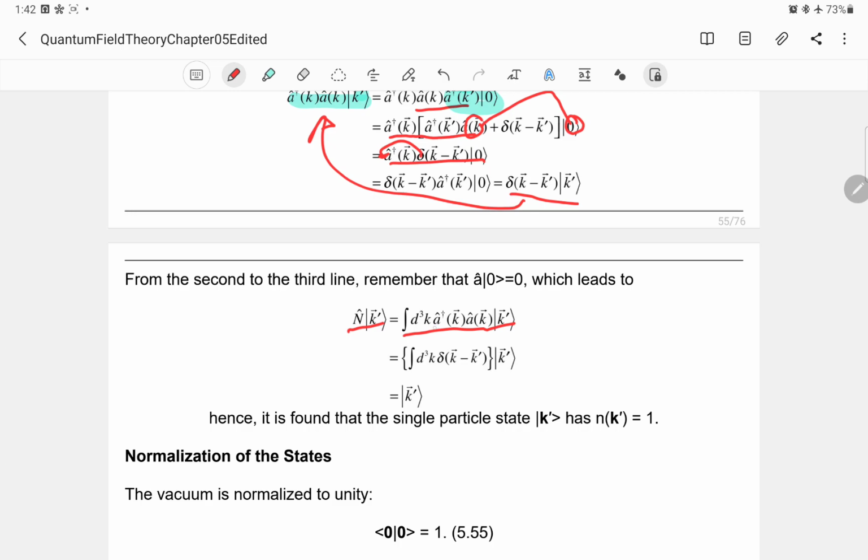But this part is already delta, which is this one, and so you have the state k prime, or a single particle k prime, and therefore your n here, which is the eigenvalue for the n operator, is just equal to 1.